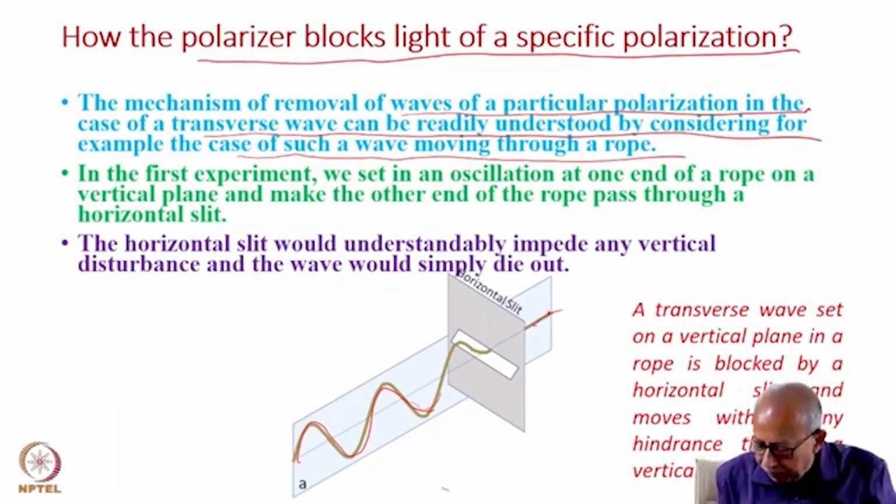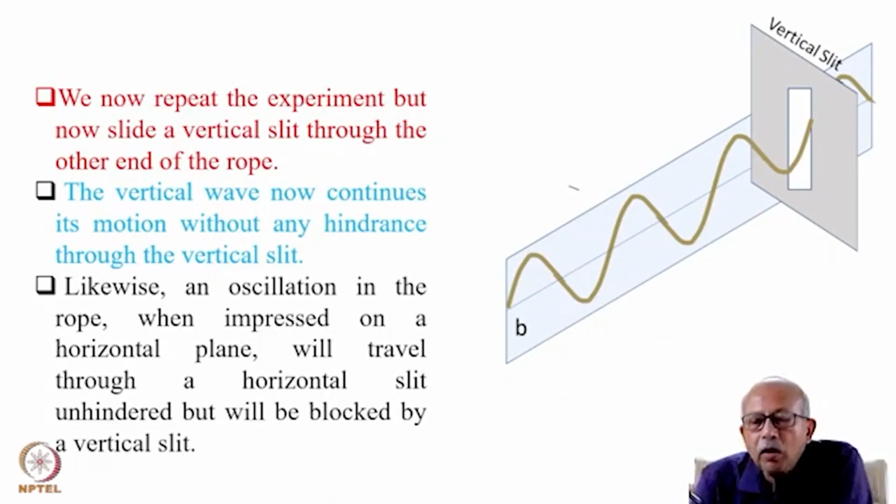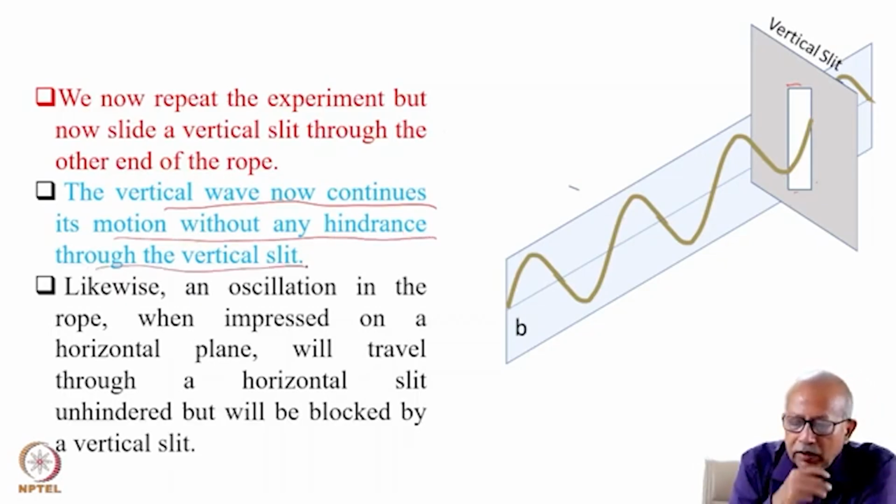In the second experiment, you rotate this horizontal slit and make it vertical. Now it is clear the wave will pass through unhindered. The vertical wave now continues its motion without any hindrance through the vertical slit.